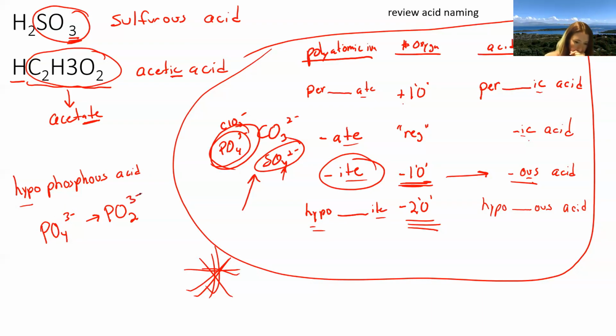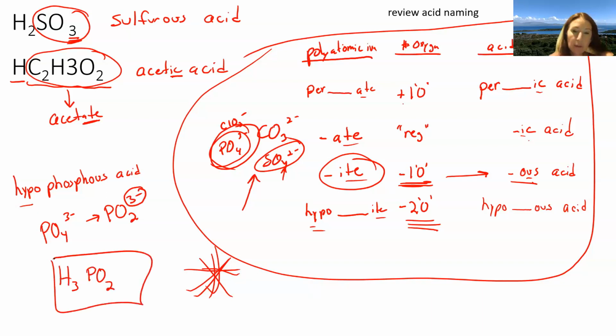Now, the number of hydrogens is the same as the ion's charge. So since this is -3, we need 3 hydrogens. So it would be H3PO2 because hydrogen is +1. So we need 3 +1s to even this charge out.